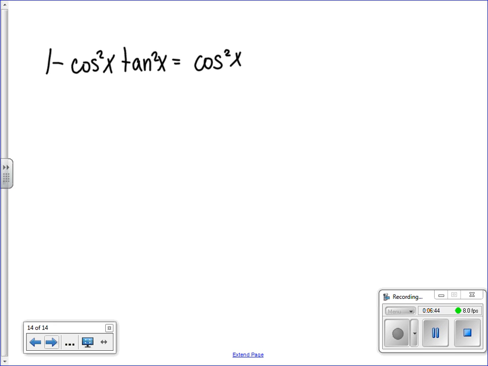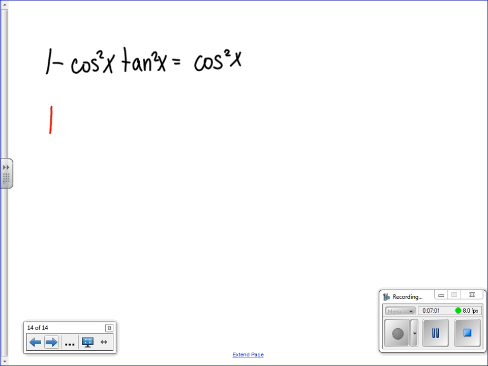Alright, I think definitely the left-hand side is going to be the one to work with. The right-hand side is pretty easy. I'm going to start off by changing everything to sine and cosine.